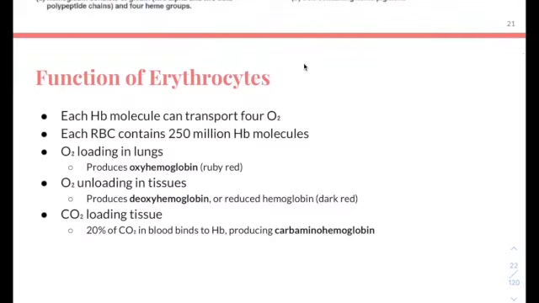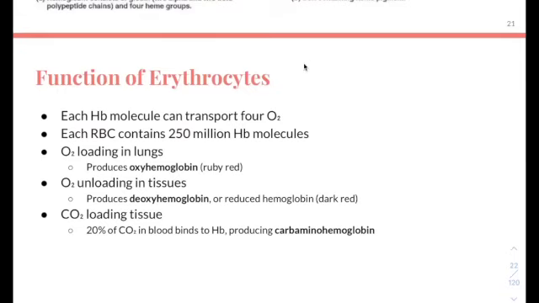This picture only showed four, but each red blood cell has 250 million hemoglobin molecules. So that's a lot of oxygen that is carried on each red blood cell. But we use oxygen in almost every cell in our bodies, so it's needed.